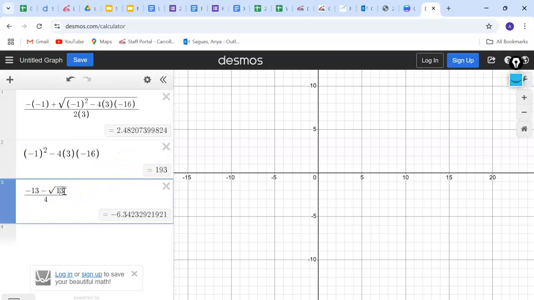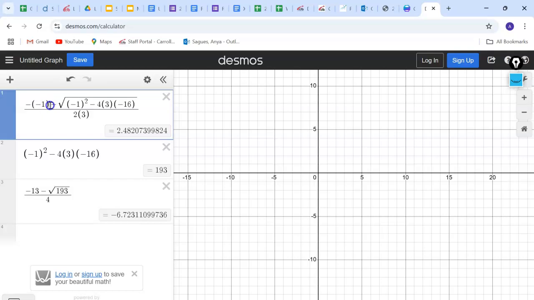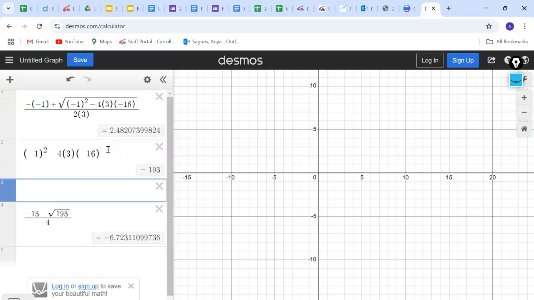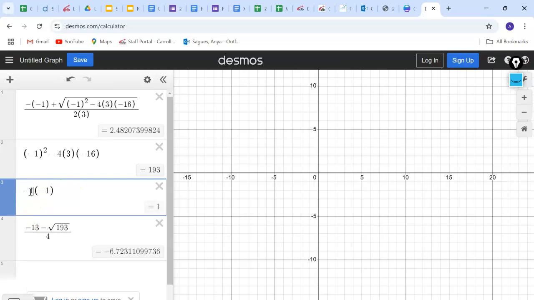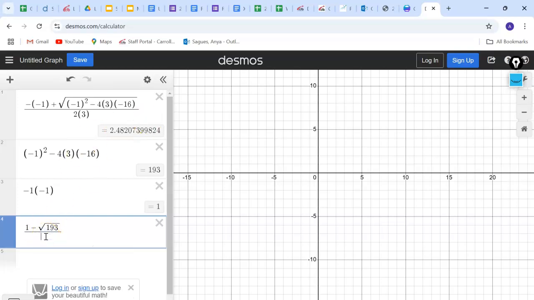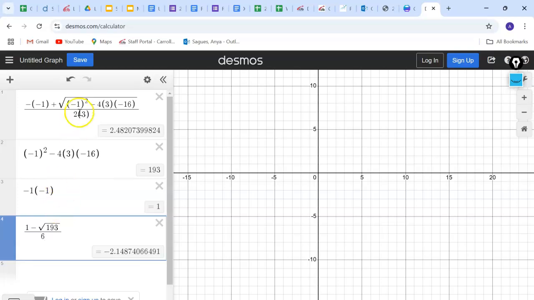this is going to be a 193 in the middle, negative of negative 1. Let's just double check what that is. Because some people like to fight me on this, right? It's a plus 1. So this should be plus 1. And then over 2 times 3. 2 times 3 is 6.